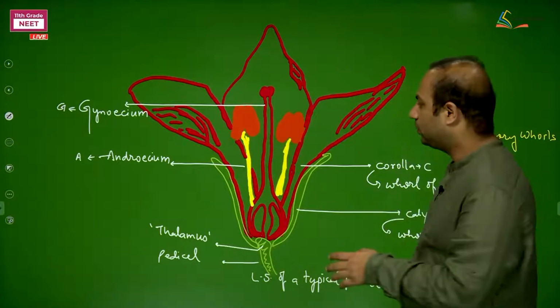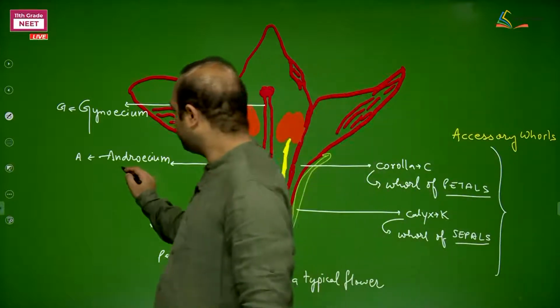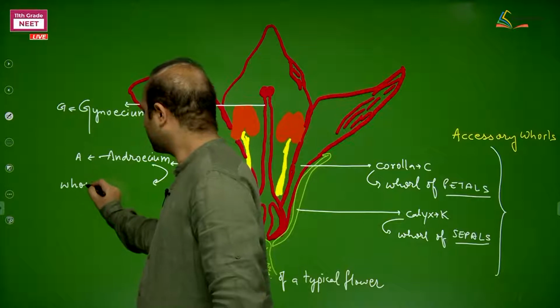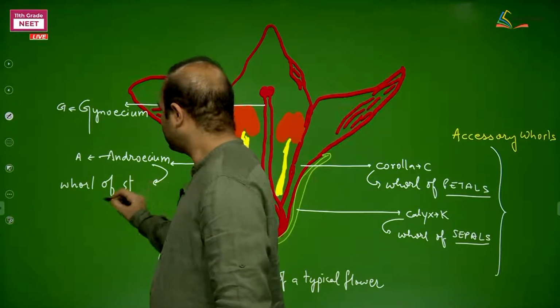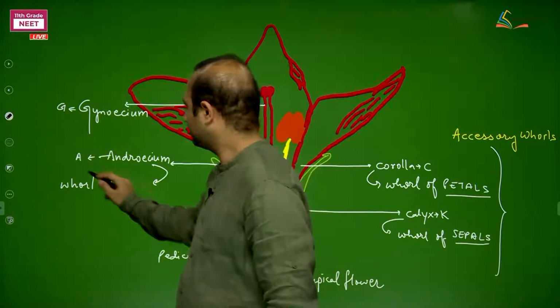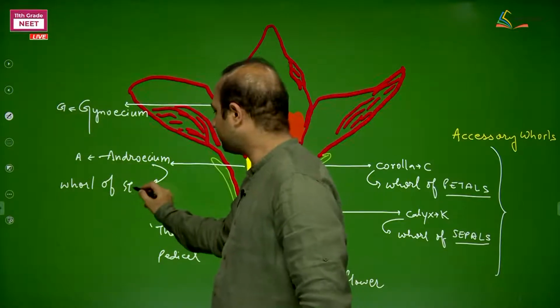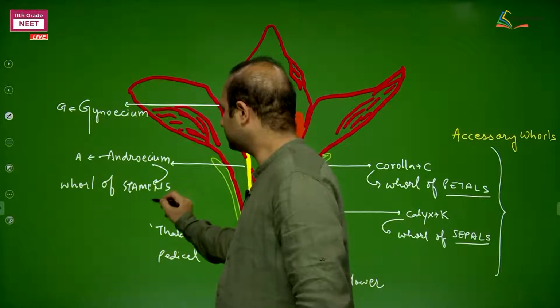What other things do we need to tell? Androecium is considered a whorl of stamens.